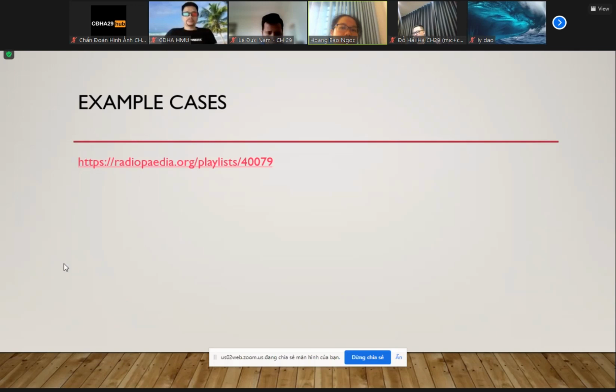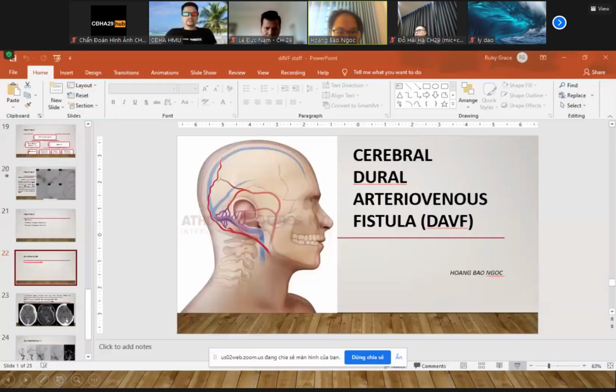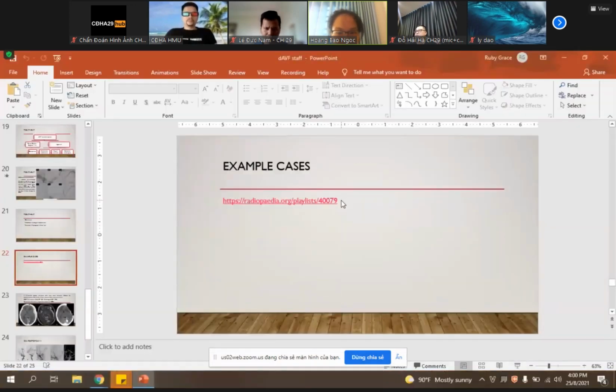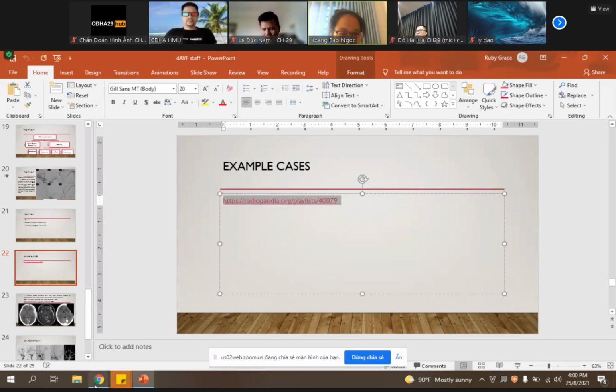So now let's move to the practical part. I will send you the link of the case on Radiopaedia.